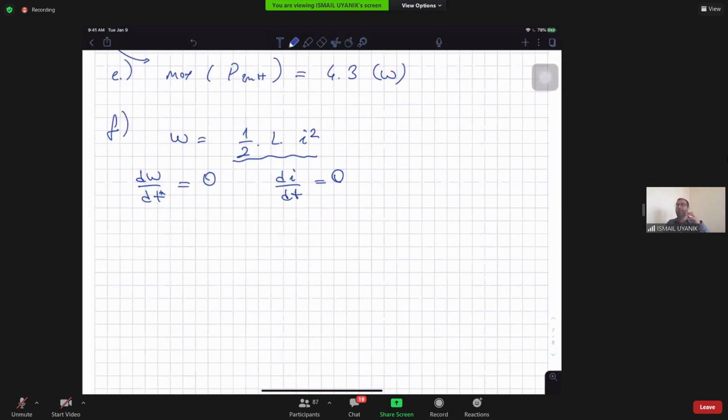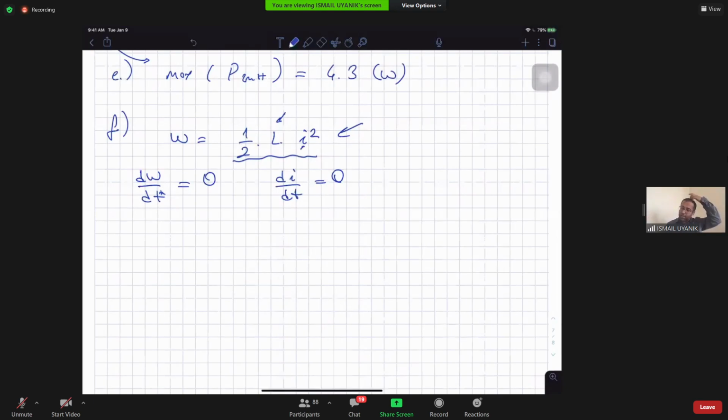Is this clear? We are trying to calculate the time instant when we have the maximum energy. Based on this equation, we have the maximum energy when we have the maximum current, because this is just a constant. So whenever this thing becomes maximum, we have the maximum energy.